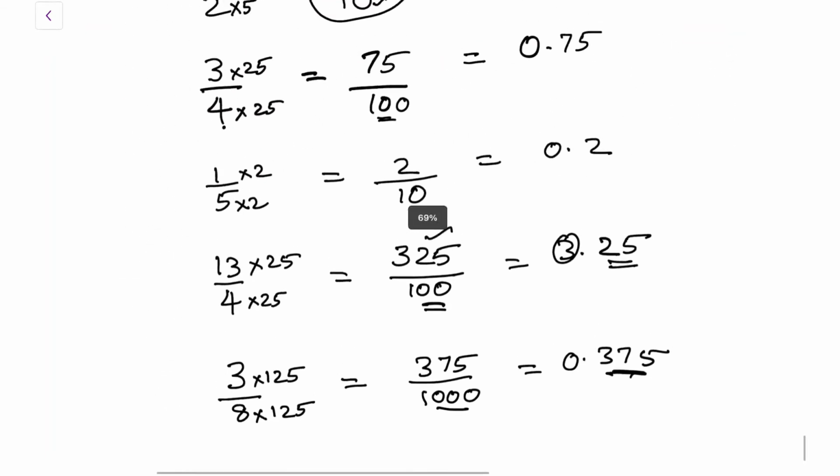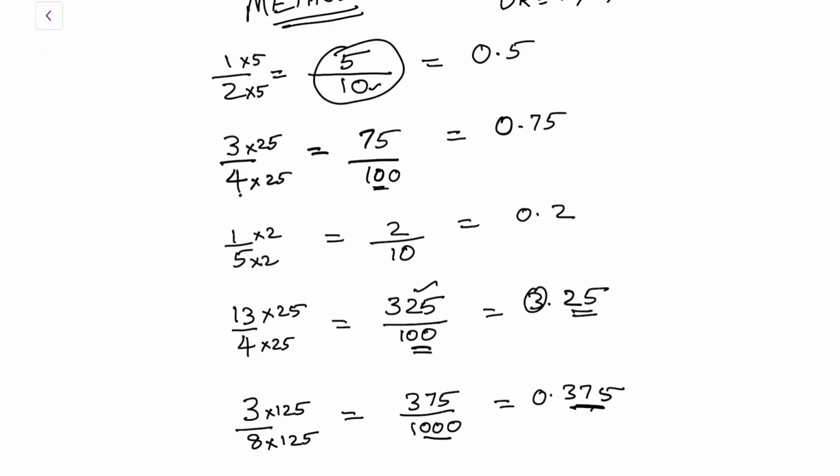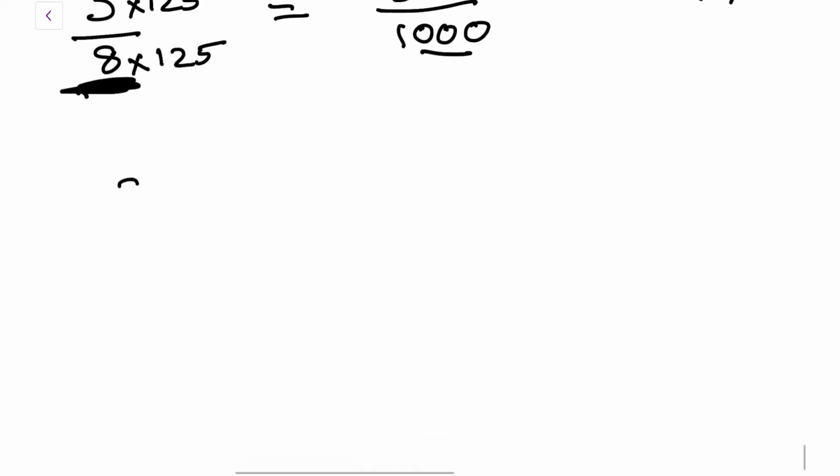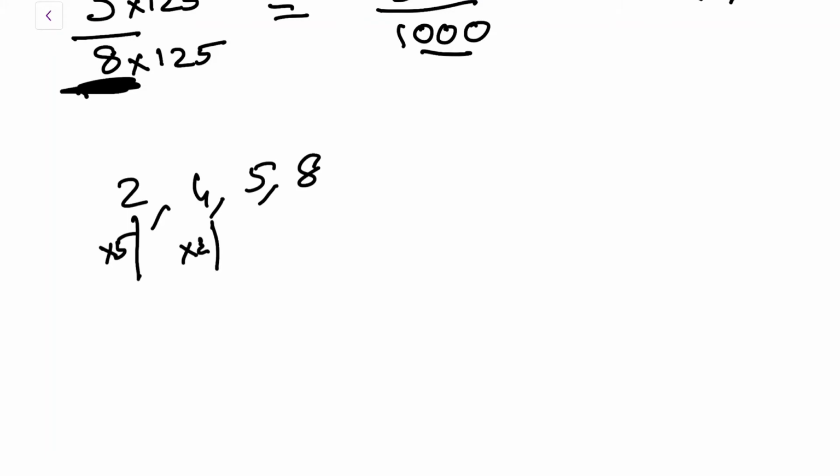Now, from all these examples, what you can see is if the denominators are 2, 4, 5 and 8, these denominators can be multiplied: 2 with 5, 4 with 25, 5 with again 2 or 5 or anything else, 20, or 200, correct?